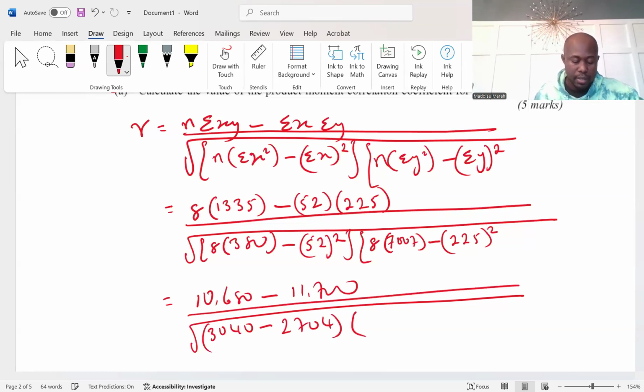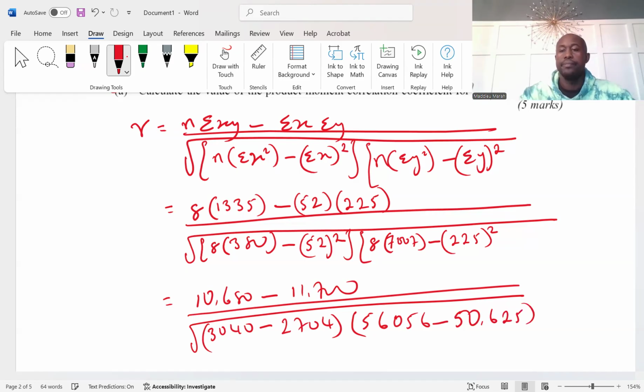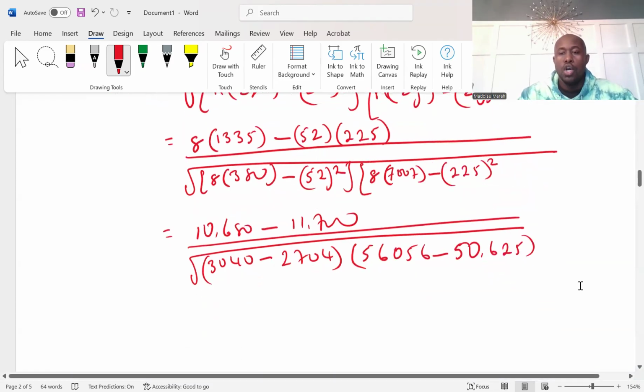Open the brackets: 8 times 7,007 is 56,056, minus 225 squared, which is 50,625.